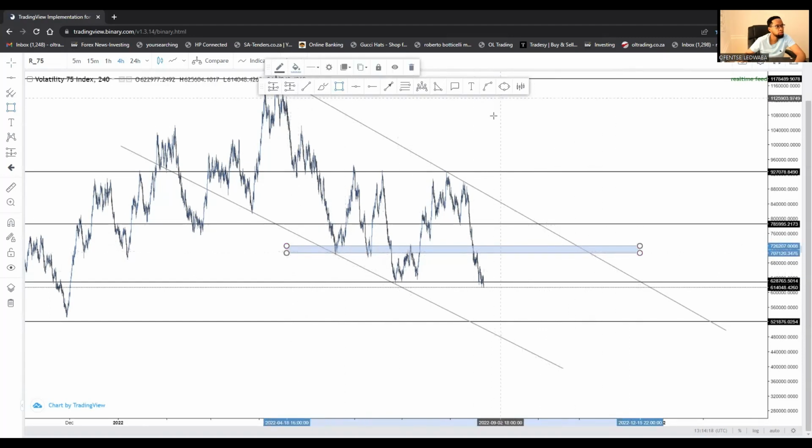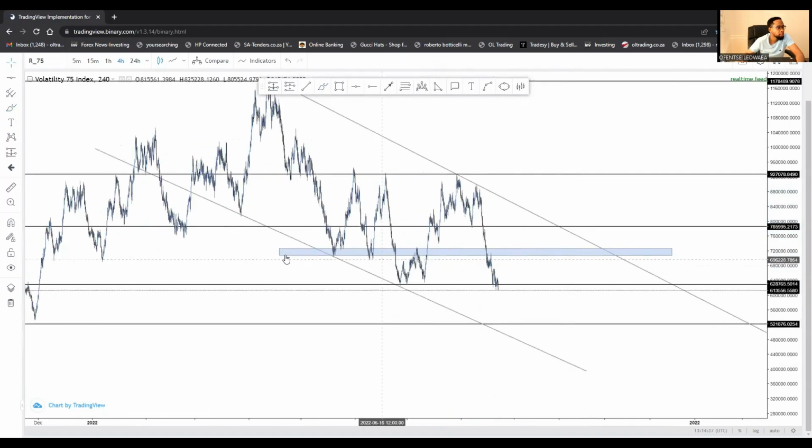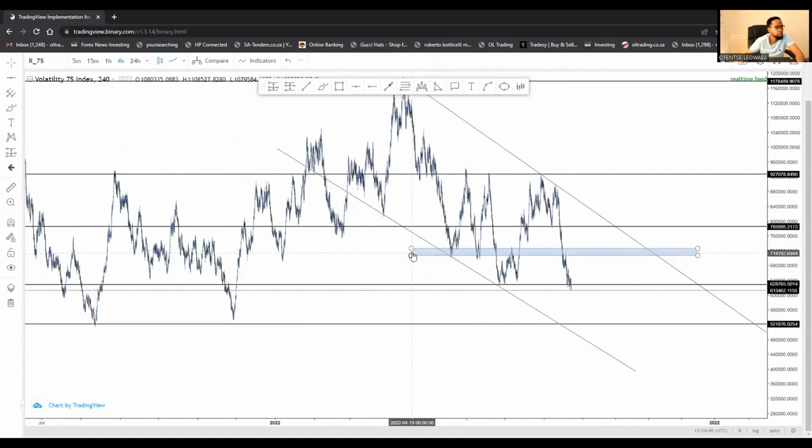As you could see, the market came here and then pushed, and then here formed a small retest, then pushed, then retested here in the zone. So I can see here we have a zone.